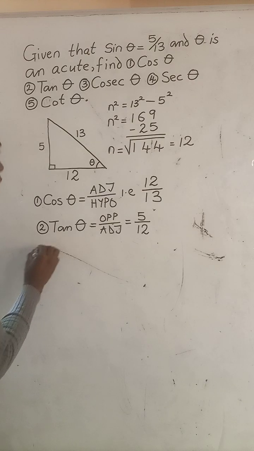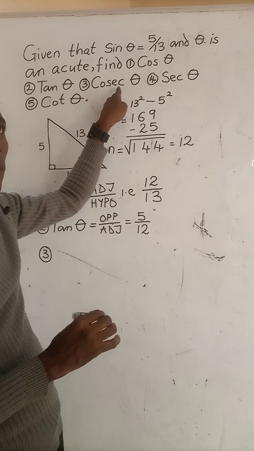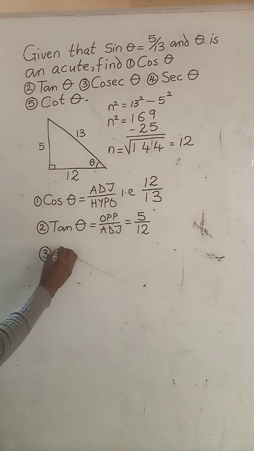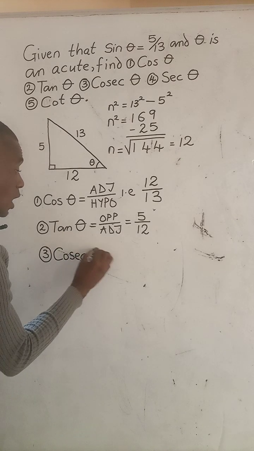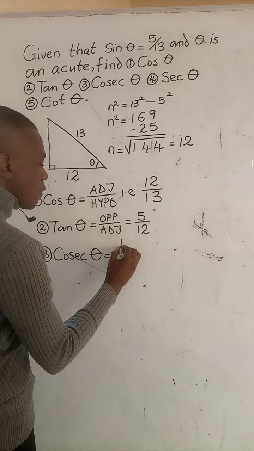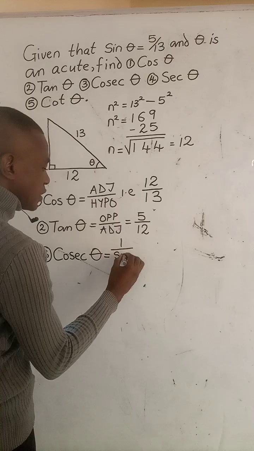In question number 3, what they ask us to find is the cosecant of the angle, which is cosec theta, and it is equal to the reciprocal of sine of the angle.